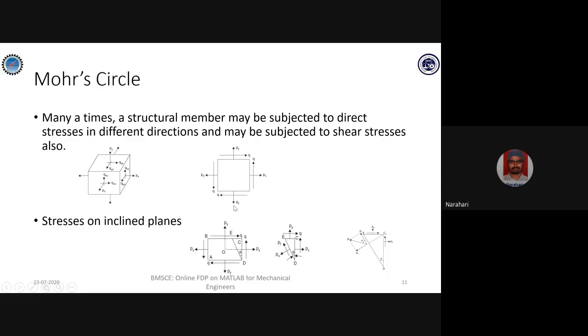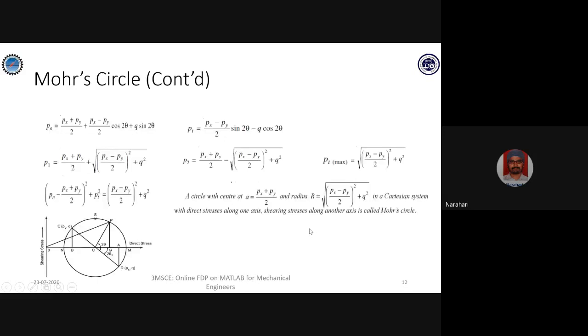We are generally interested in finding the normal stress and tangential stress on a plane inclined at some angle theta within this compound loaded element. So with that, we go ahead. I've put all the formulas in one go so that we don't have to scroll too much.